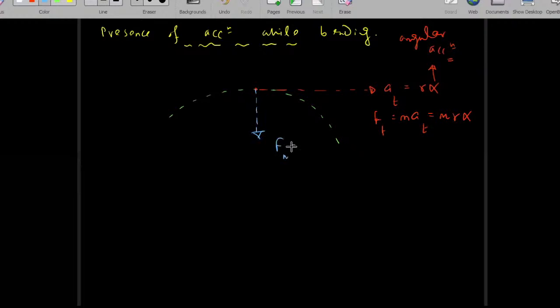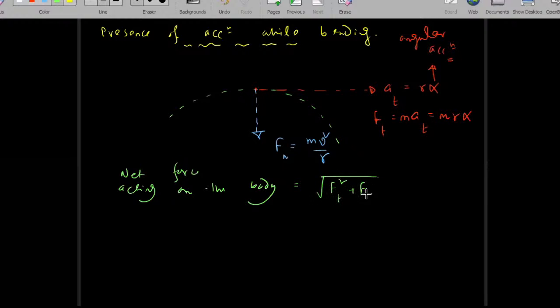This is F_n. What will the normal force be? m v square by r. Correct. So what is the net force acting on the body? Net force is equal to root under of F tangential square plus F normal square, that is, (m r alpha) whole square plus (m v square by r) whole square.